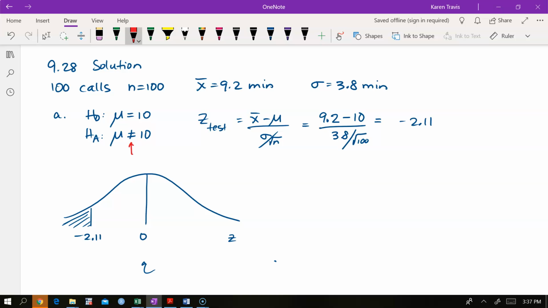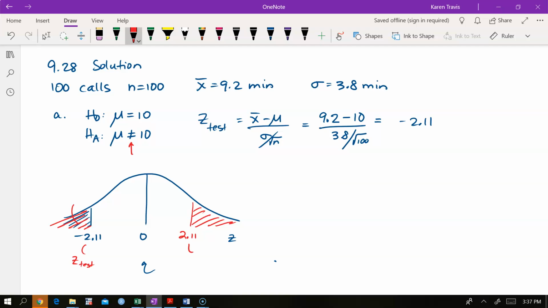And that is that when this is a not equals to, then p-value is going to be the total of two tails. So even though this is z-test, we're going to find the total of two tails of equal size because the alternative had not equals to. So each of them are the same size, of course, because it's symmetric.